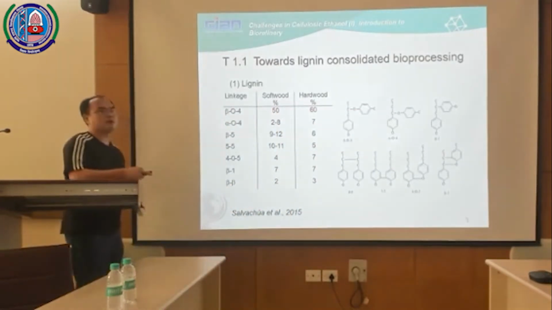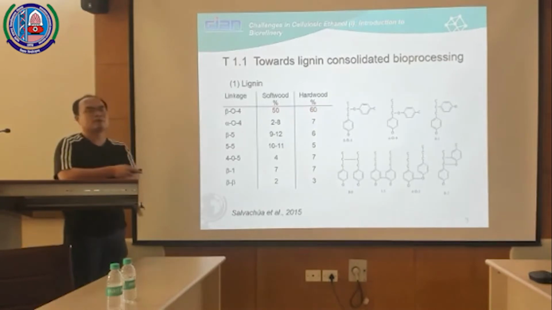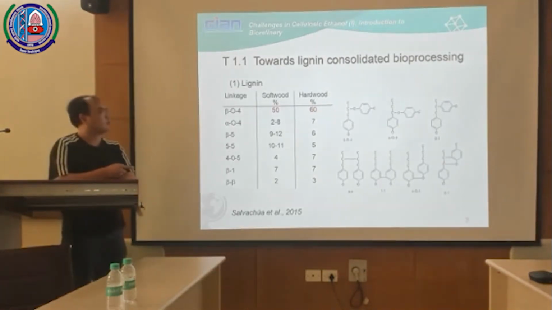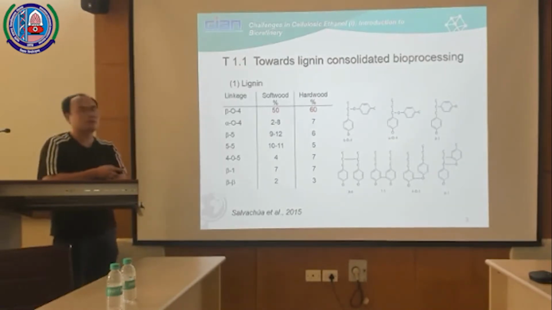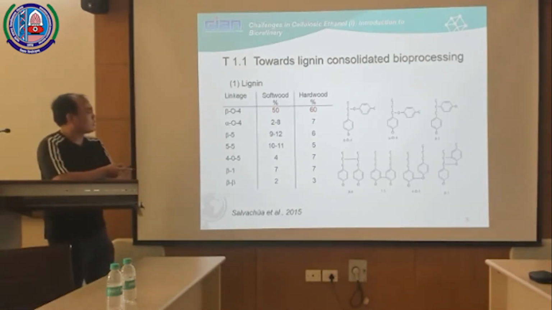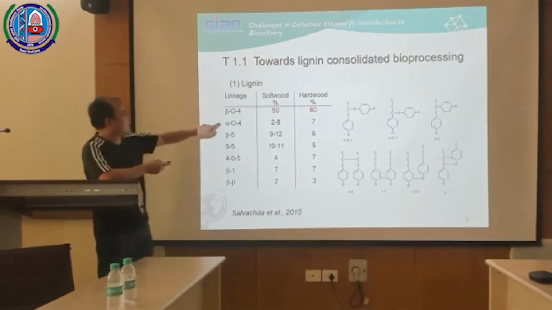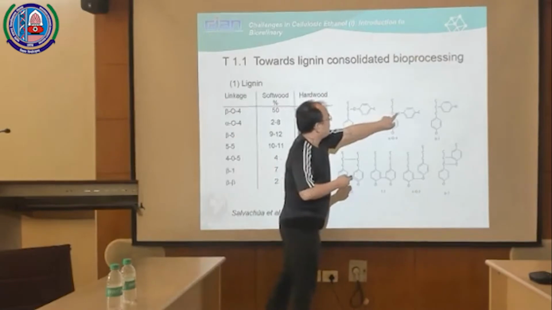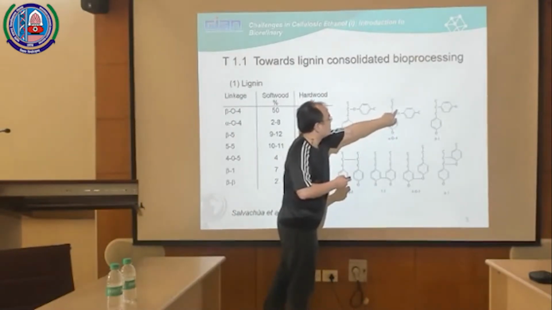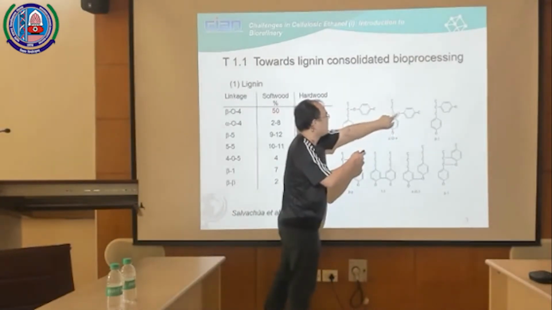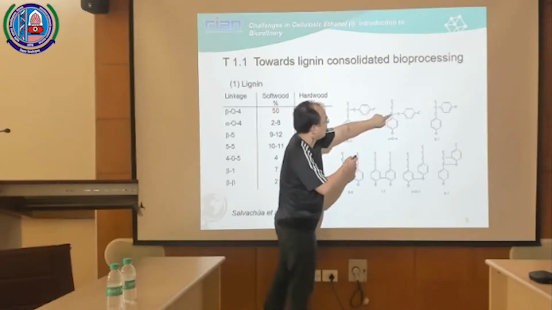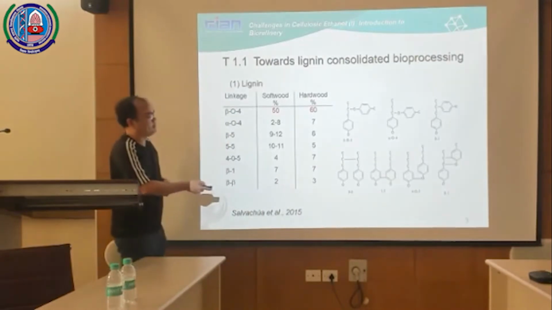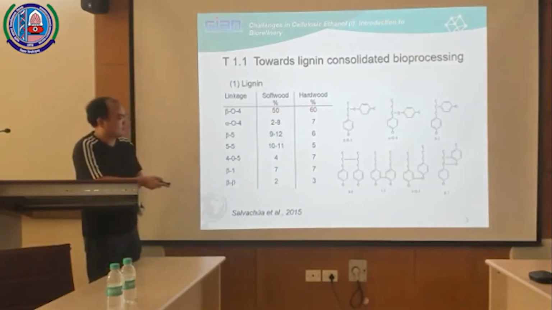The beta-O-4 structure is the representative structure and contributes over half of the linkages in lignin. Other important structures are alpha-O-4, where the bond connects with the alpha carbon, and also beta-1, beta-beta, 5-5, and 4-O-5.